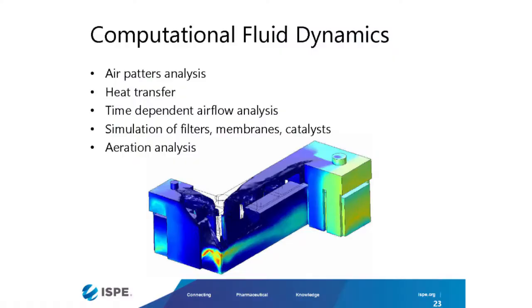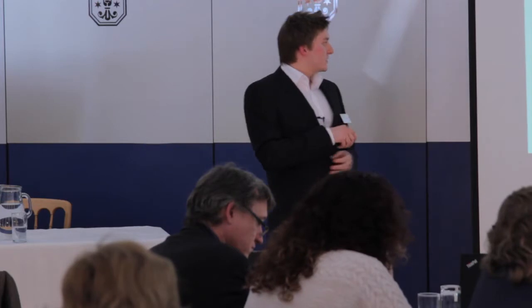Further on, we focus on optimization of the aeration pattern. So we are really using CFD not only to show off in slides and presentations, but to think about how to optimize the flow, and what design of our isolators is optimal for the best aeration.